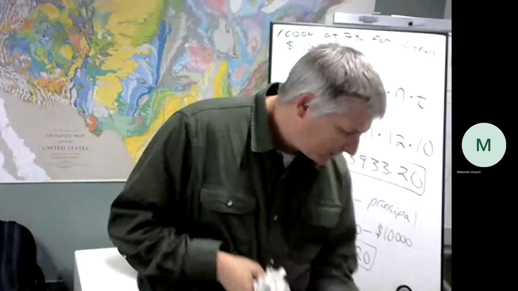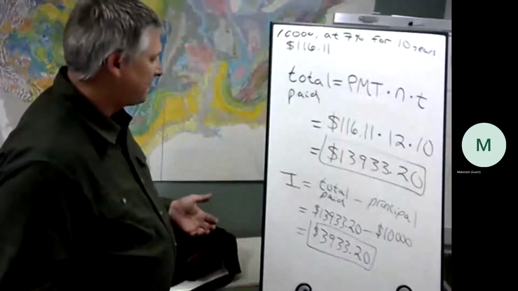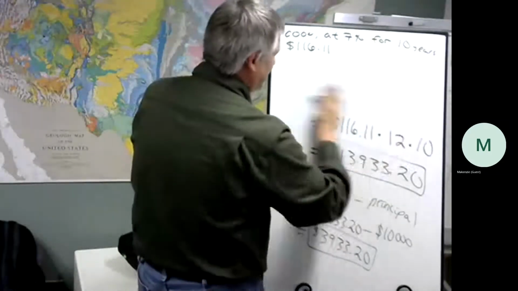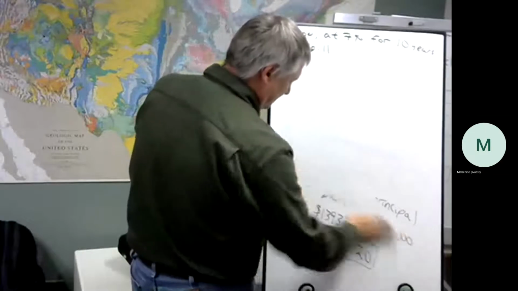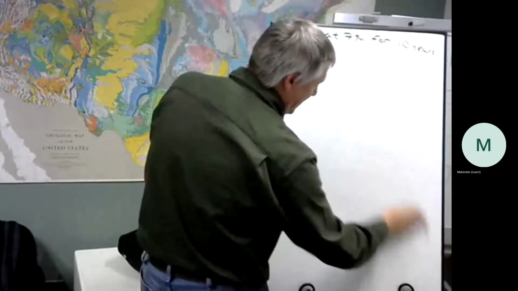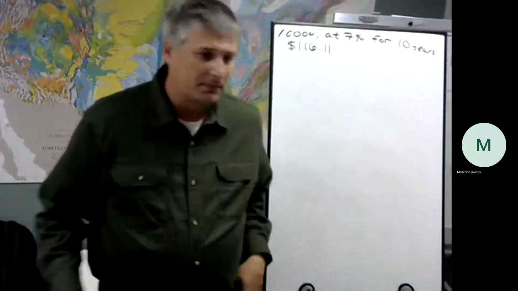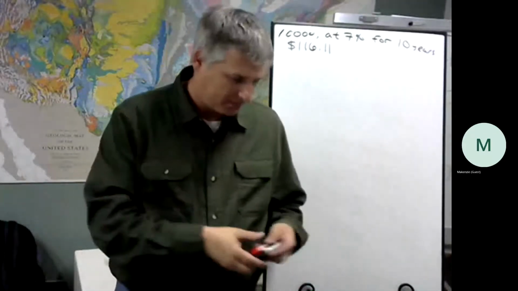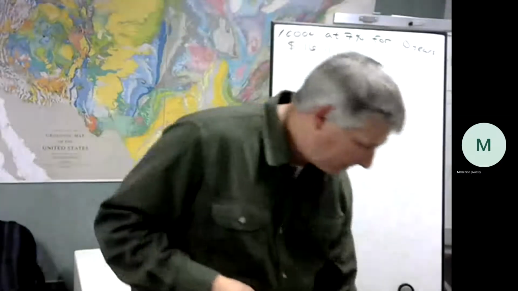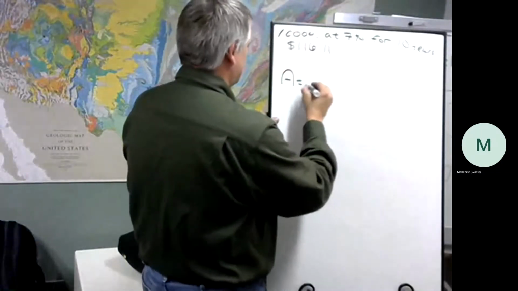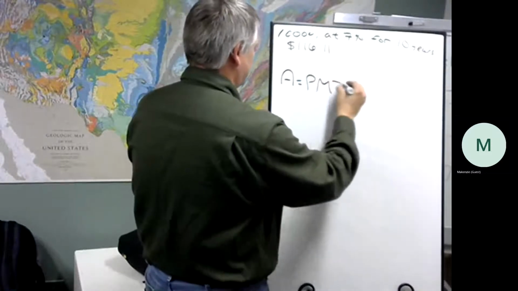So one of the questions that might also come up is paying this off. So let's say after 5 years, this person decides to pay off what they owe. They don't want to go the full 10 years. So the payoff formula is going to be this.